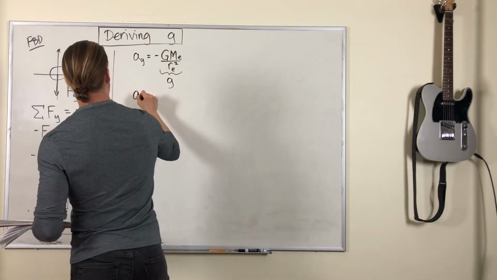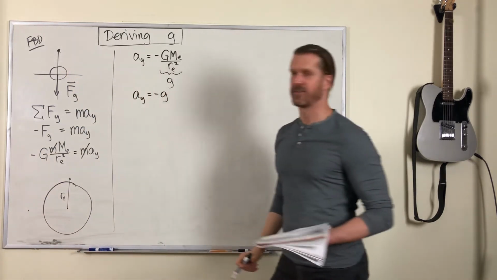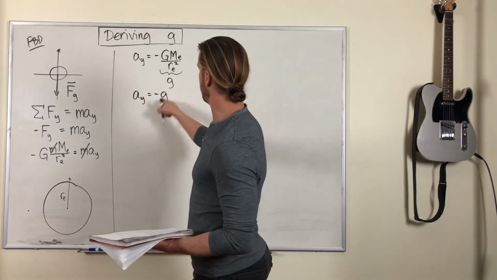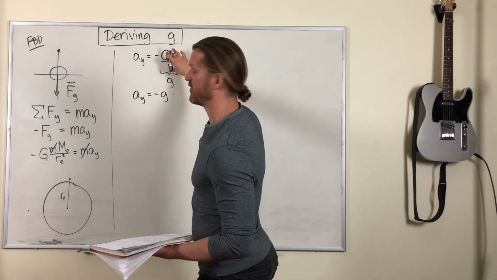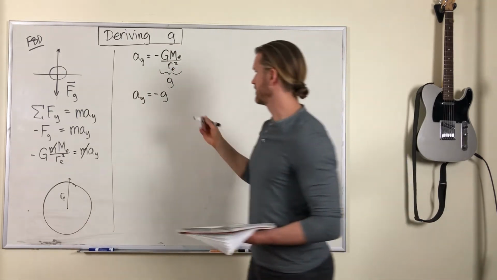So we know that a_y equals minus g. We've been doing that all semester. And now I claim that this little g actually is the number you get when you do this calculation.